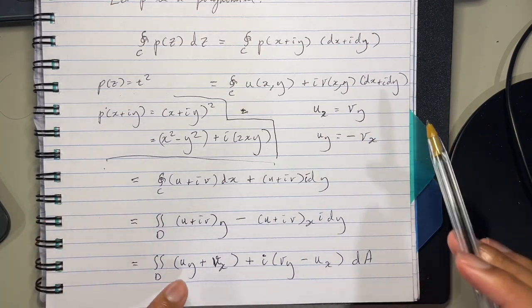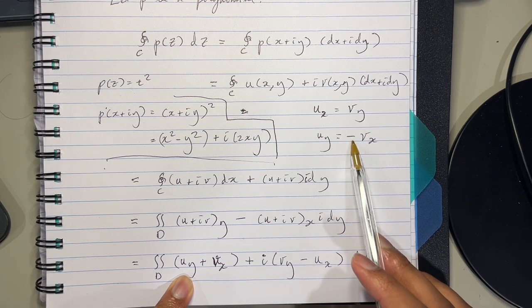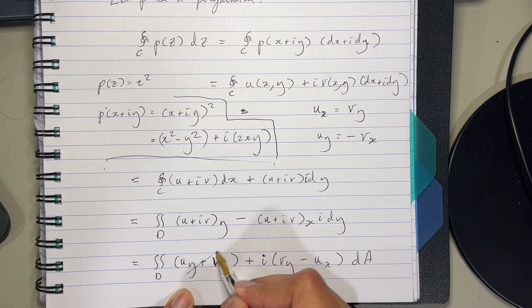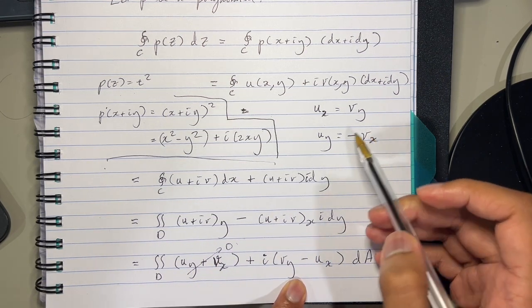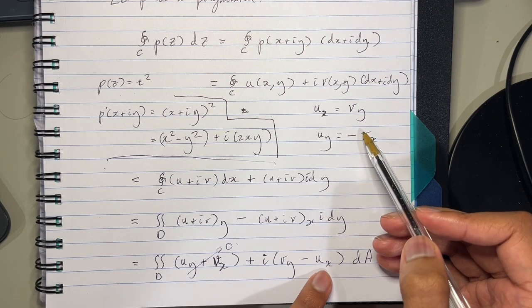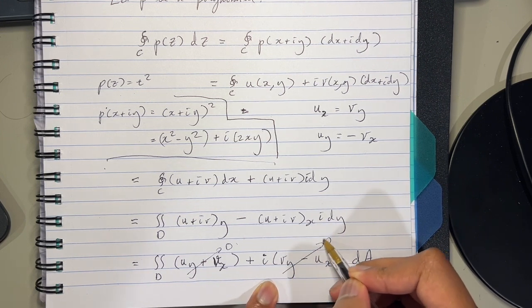Okay, you might be able to see that over here, if we plug in minus v_x into this part here, then this entire part cancels and gives us 0. Same thing over here, if we plug in u_x equals v_y, then this part also becomes 0.